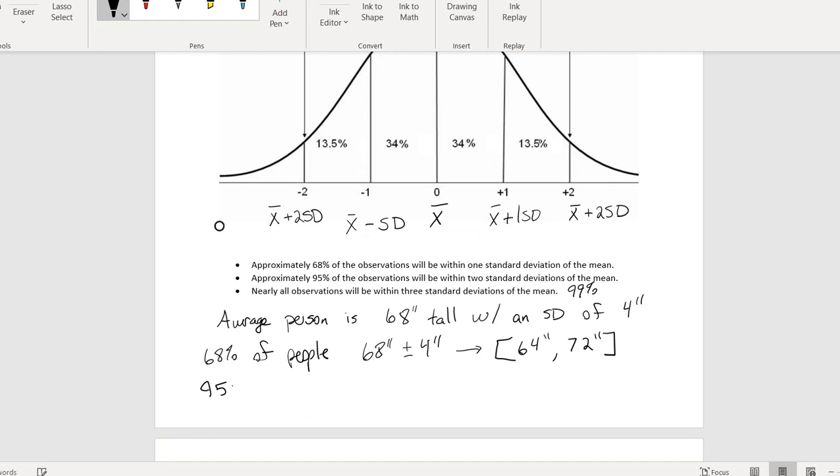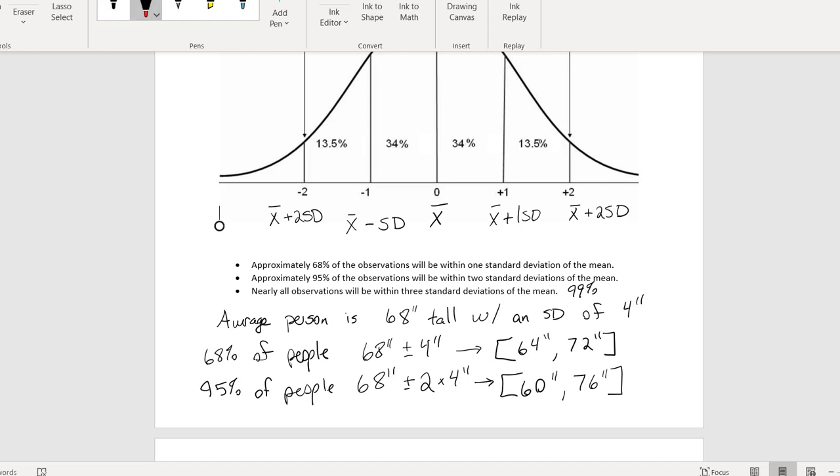Now, 95% of people are going to be 68 inches plus or minus 2 of those standard deviations. Which means that 95% of people are going to be between 60 inches, so 68 minus 2 times 4, and then 68 plus 8, so 76 inches tall.